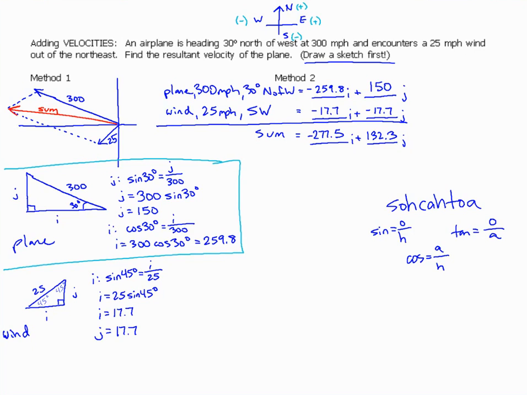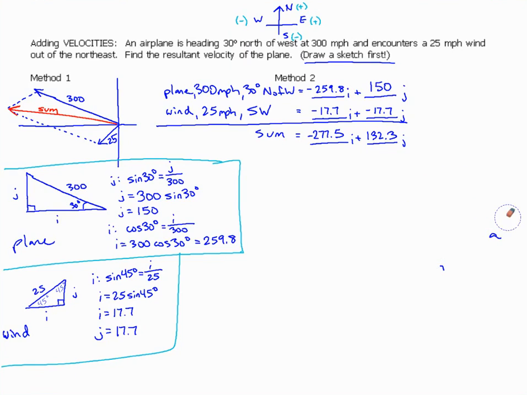So let me separate this one off. And I'm going to erase our SOHCAHTOA. Hopefully you had time to write it down, or hopefully you remember. So we are drawing this sum vector.